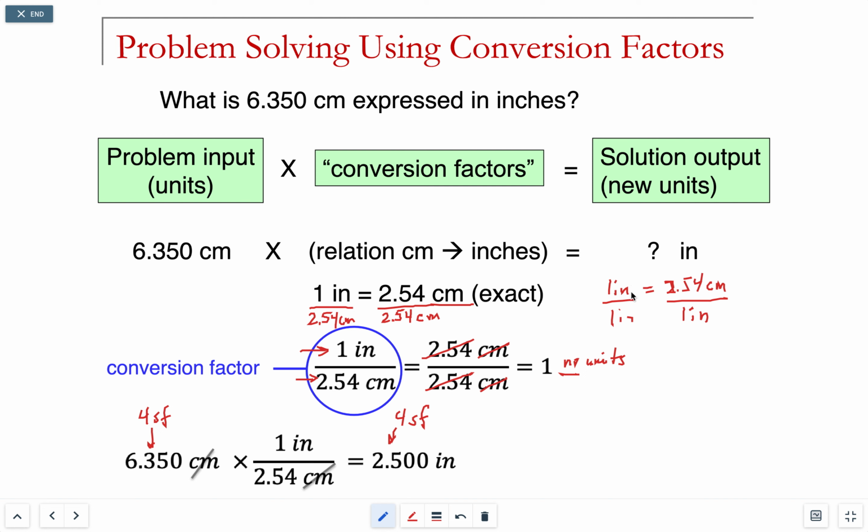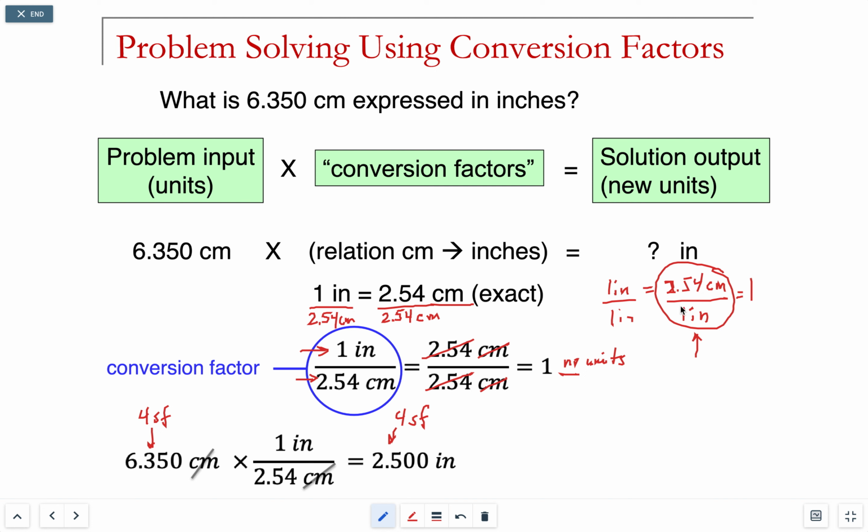Well, 1 inch divided by 1 inch cancels, and now I have a new relationship, right? This whole thing is also equal to 1. Now, I would use this conversion factor if I wanted to do the opposite. If I had started with inches and I wanted to go to centimeters, then this is the one that I would want to use, so that inches cancels and I get to centimeters.